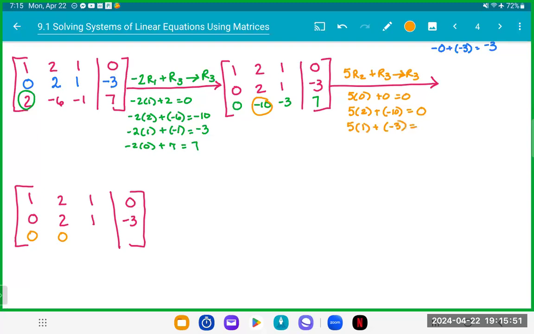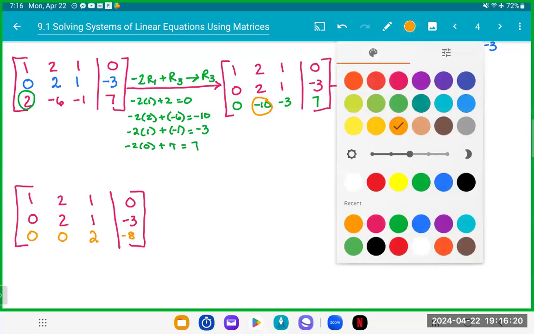That's going to give me a 2. And then 5 times -3 plus 7. That's going to give me -15 plus 7 is -8 for that slot. Okay. Questions?